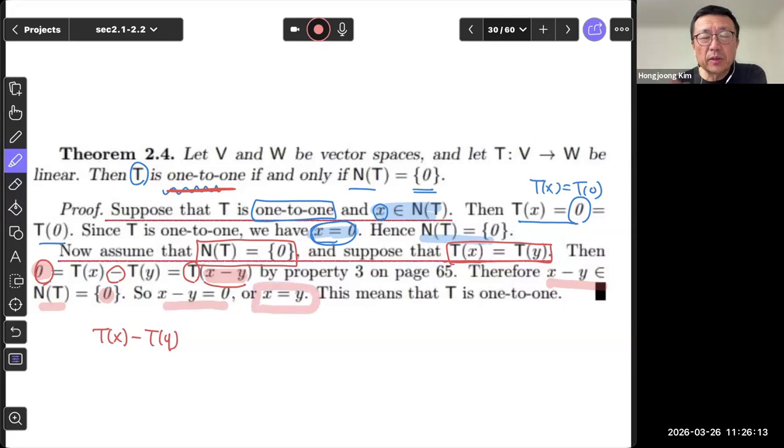So if I assume that the null space is the 0 space, then this mapping must be one-to-one. So this is a very important property. To validate that a mapping is one-to-one, I need to show that the null space is the 0 space.